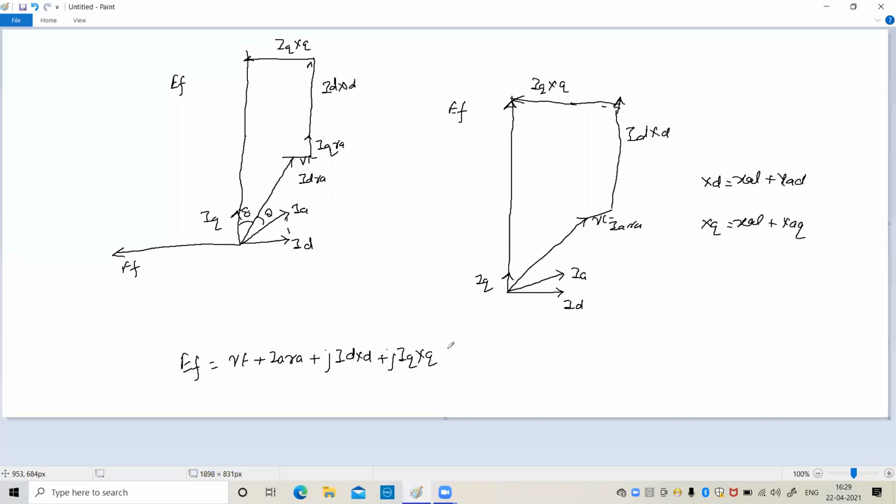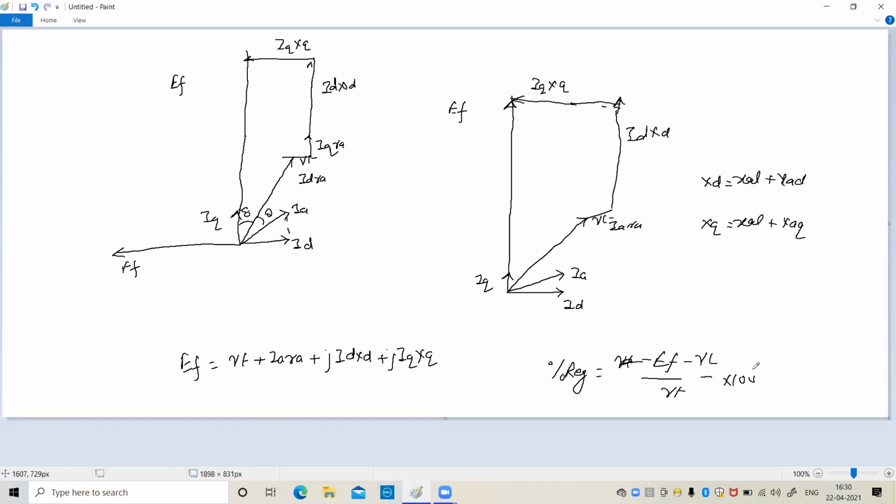So in this way, we can develop the phasor diagram, and once we are able to calculate the EMF induced in the salient pole machine, it is quite possible to calculate voltage regulation. It is EF minus VT divided by VT into 100. So this is the voltage regulation of a salient pole synchronous machine.